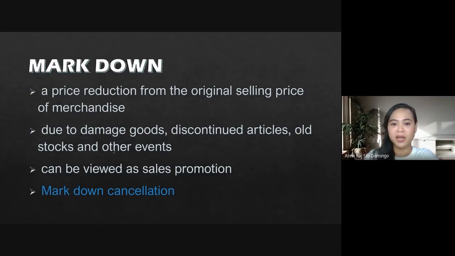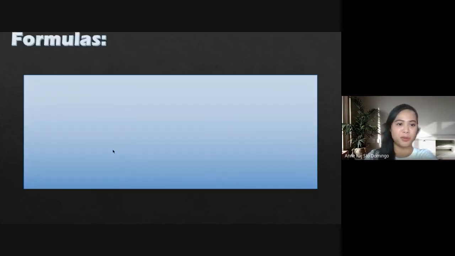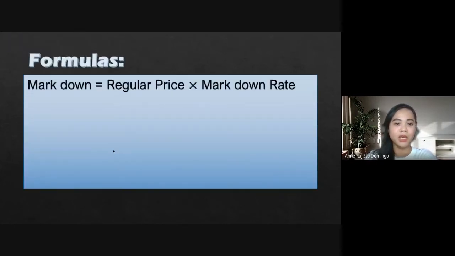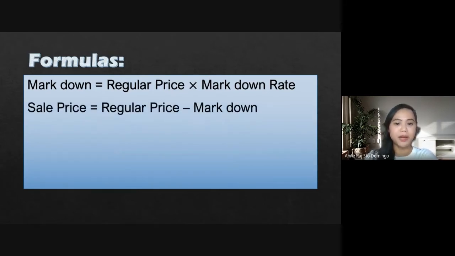So for markdown, let's have these formulas. For markdown, it can be computed by getting regular price times the markdown rate. Then yung sale price or yung tinatawag na selling price, it can be obtained by subtracting or getting the difference of the regular price and yung markdown.